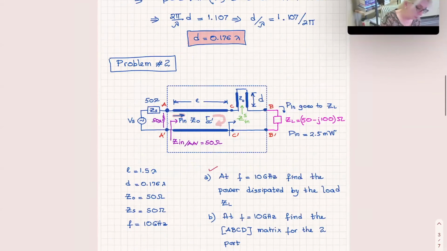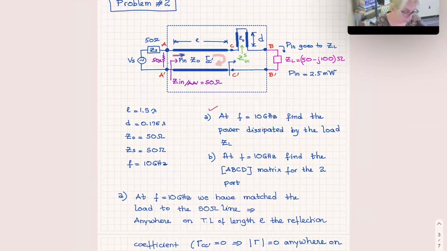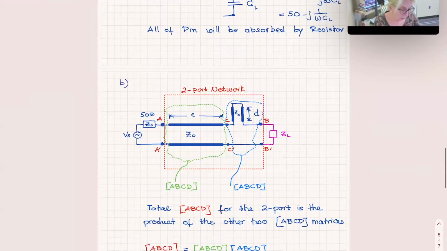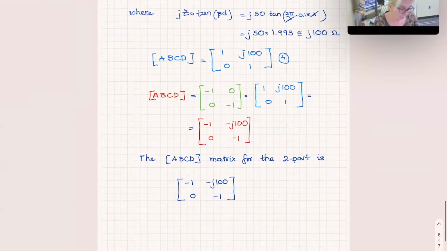If it were to be this one, where you have to find the power dissipated to the load and then ABCD, then I would give that to you and say that you match it. For example, I will tell you, you have this network and the network is matched with these kinds of dimensions. And then I would ask you to do those kinds of things. So you would have that, and then you would have to calculate here. All right, so that is one possible type of a problem.